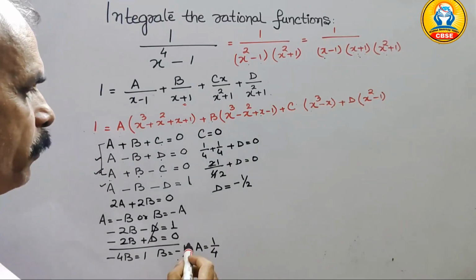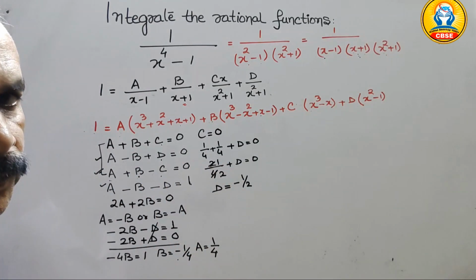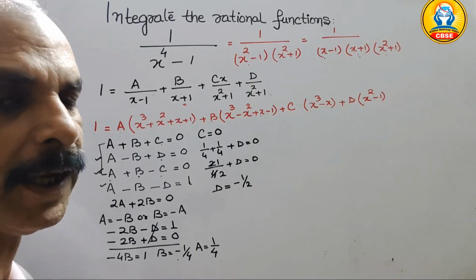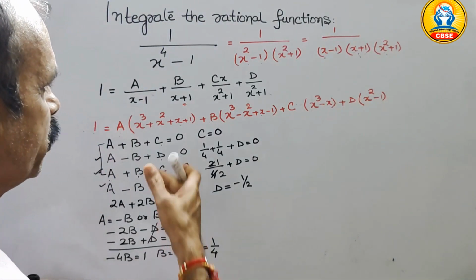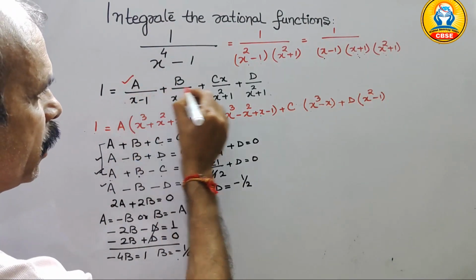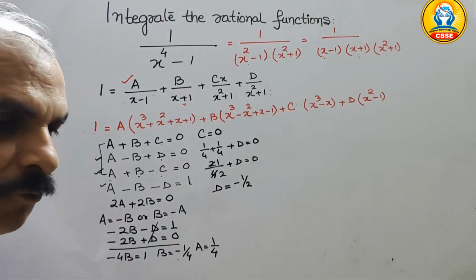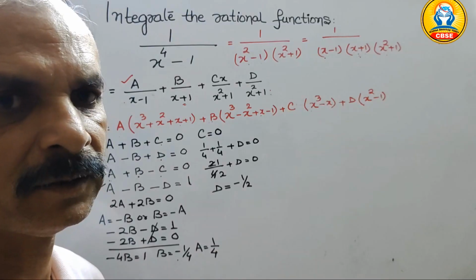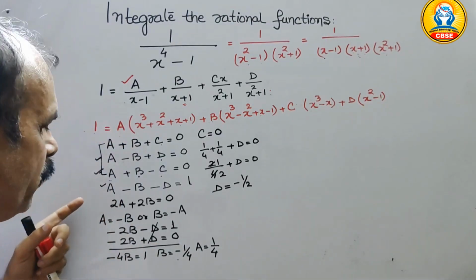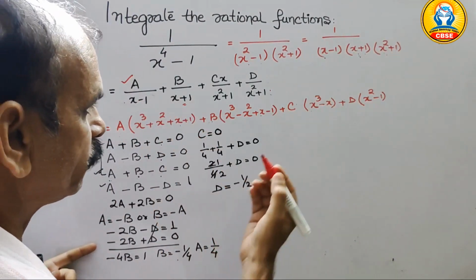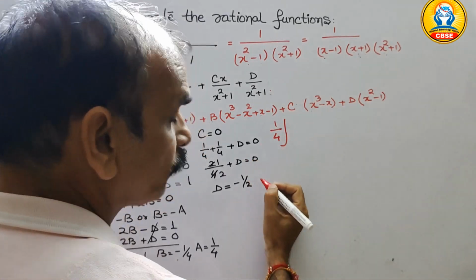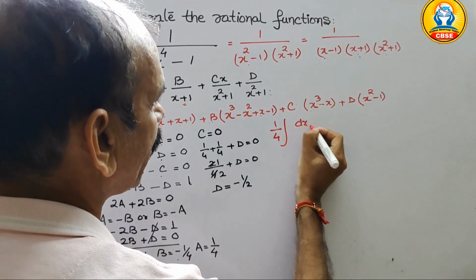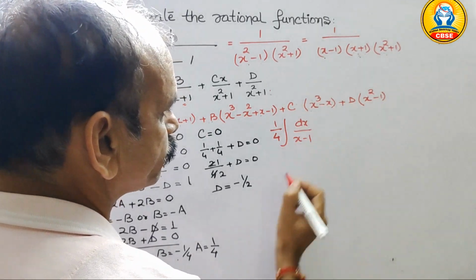Now substitute these values A, B, C and D. You have to substitute these values here and put integral signs. So now we will get A is 1 by 4 integration of dx by x minus 1.